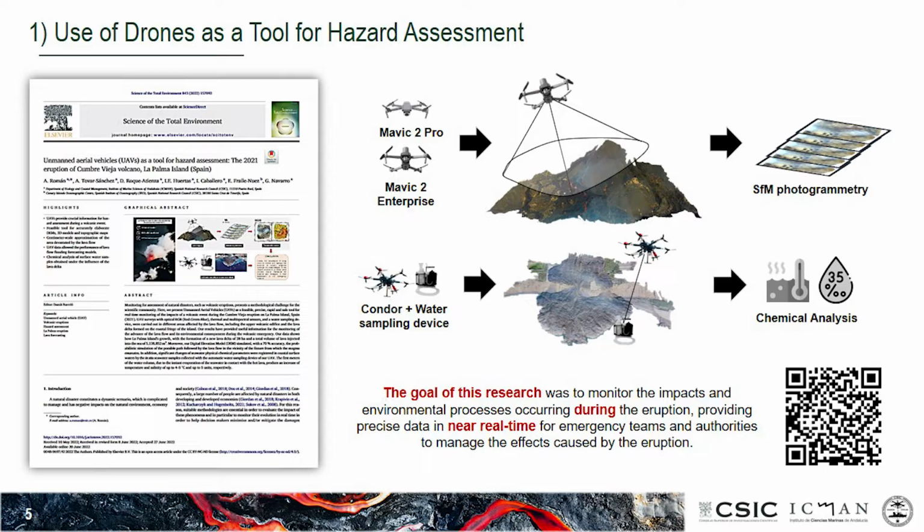Also, we monitored the appearance of thermal anomalies in the lava delta, and we collected water samples close to the lava delta to analyze the impact of the lava on the marine environment.